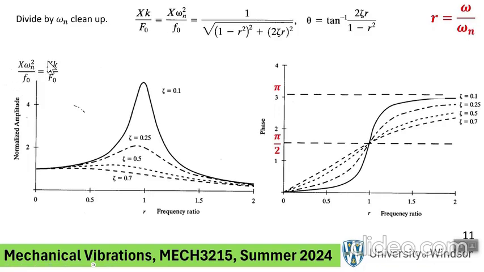This is X divided by static deflection, which is F naught over K. And all I'm saying is that, look, this combination, you can plot it for R, and depending on what the value of the damping is, you get these curves. And this theta, you can plot it as a function of R, depending on what the value of zeta is.